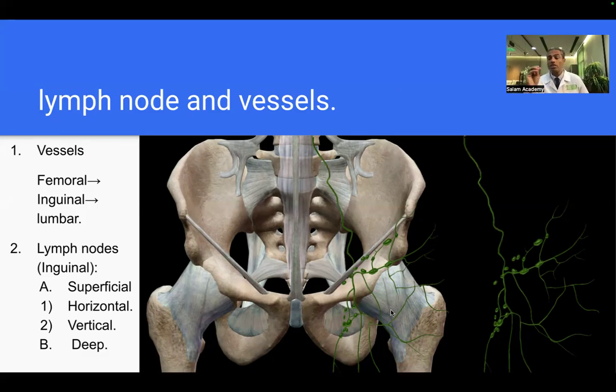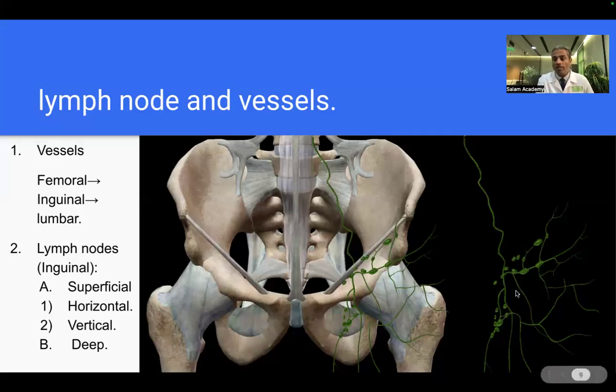These lymph nodes' responsibility is to attack the germs, the bacteria and the virus inside this fluid and kill them, and to make the lymph clean again to enter the blood supply without any problem. Because if it has some germs or something like that, it could be disseminated in the systemic circulation and cause septicemia.